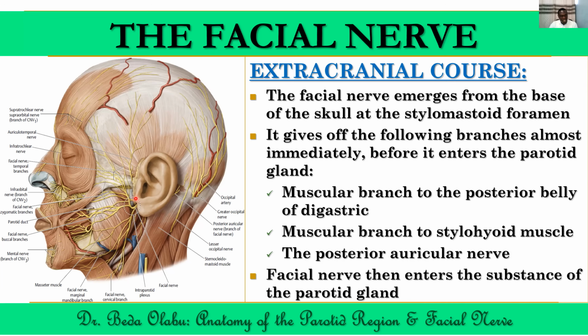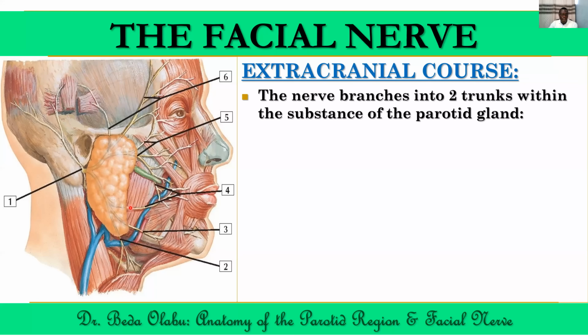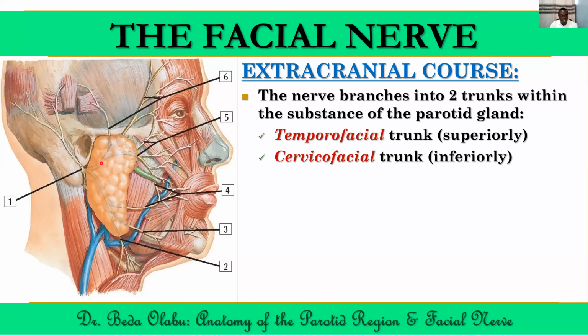And this is facial nerve now within parotid, although parotid has been removed so that you can see the nerve nicely. Okay, now within the parotid gland, the nerve divides into two major trunks. We have the temporofacial trunk, which is the superior one, this one, and the cervicofacial trunk, which is the inferior one, this one.